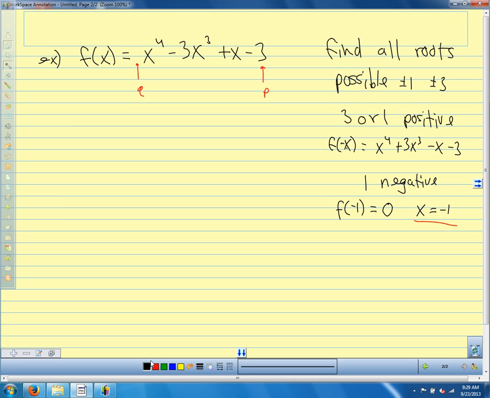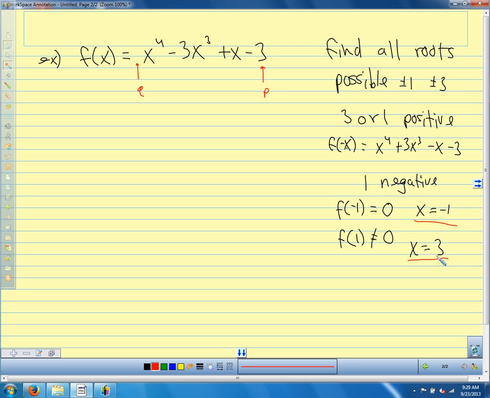What's the easiest positive one to test? 1. We plug that in, f of 1. Does that turn out to be 0? No. So I'm just going to say not equal 0. So what is left that's our positive rational zero? 3. I don't even have to do anything, and I figured out that it's 3. So x equals 3 is one of the positive real zeros. I haven't even done synthetic division yet.